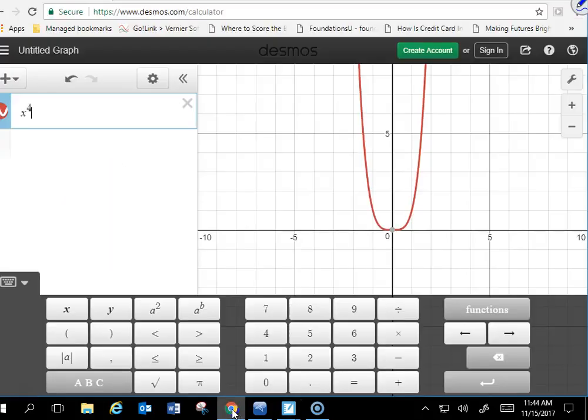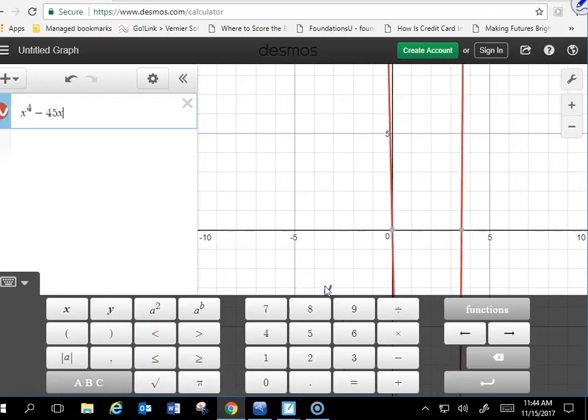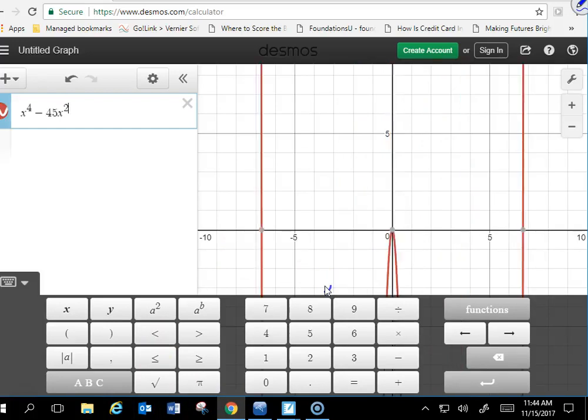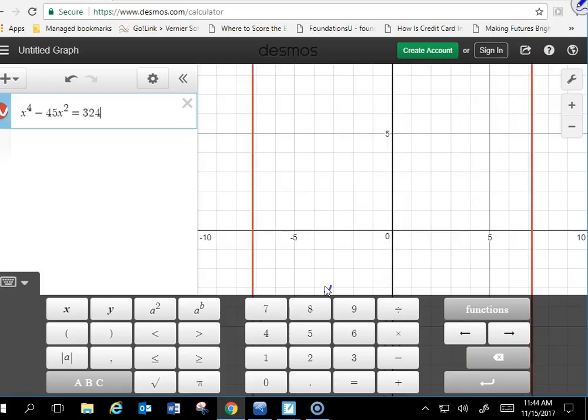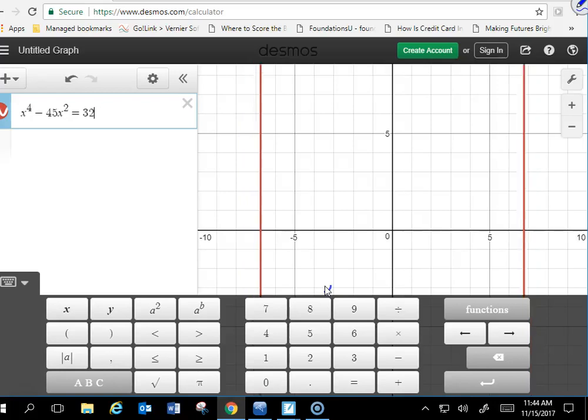I have x to the fourth, and then minus 45x squared plus 324. Not equals.